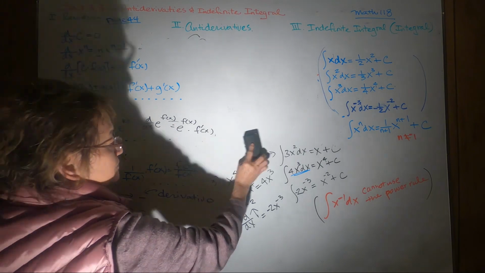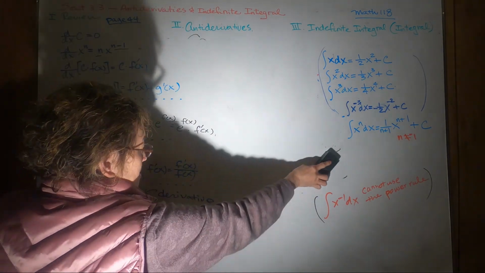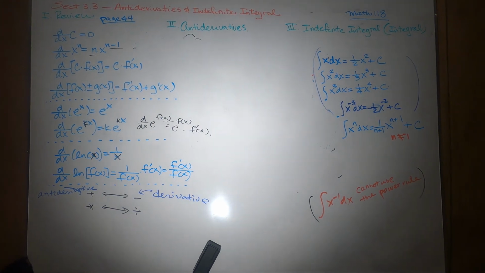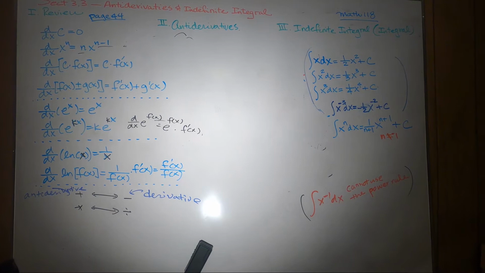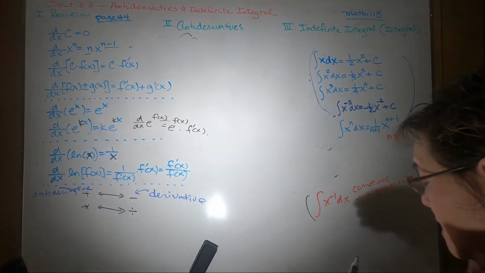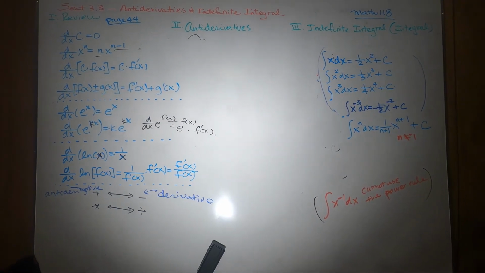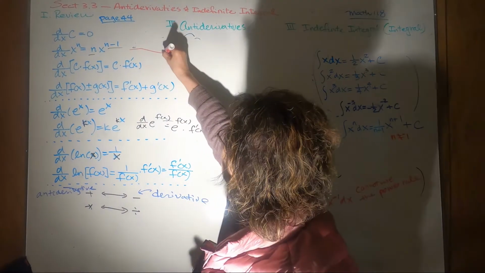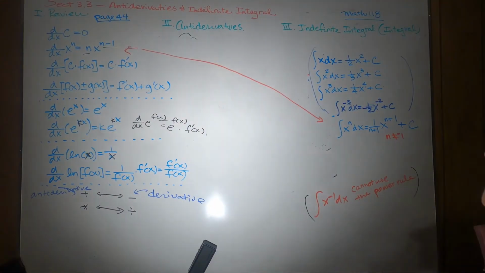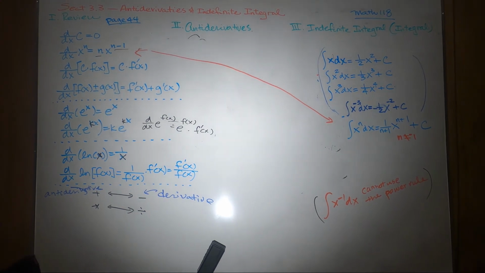Instead of dropping one level, you go a level higher, except when n is -1.